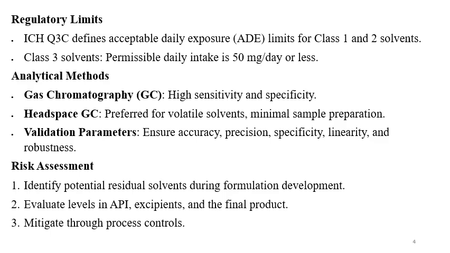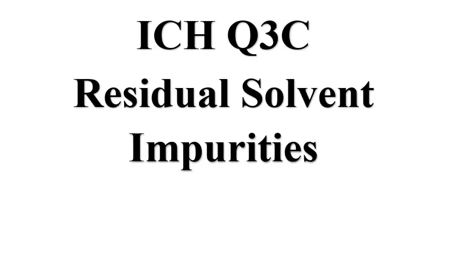Analytical methods like gas chromatography and headspace GC are used for testing. Validation should be done to ensure accuracy, precision, specificity, linearity, and robustness. Also, risk assessment should be done to identify potential residual solvents during formulation development, evaluate levels in the API, excipient, and final product, and mitigate through process controls.